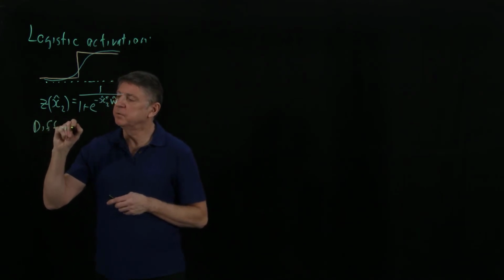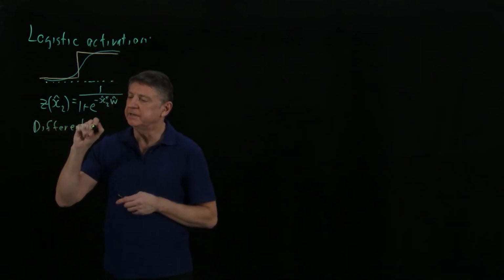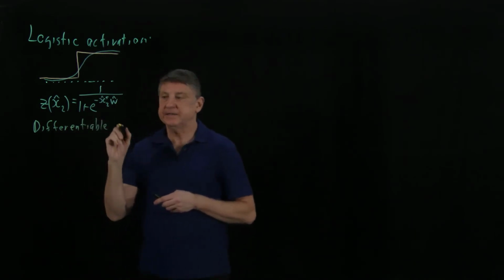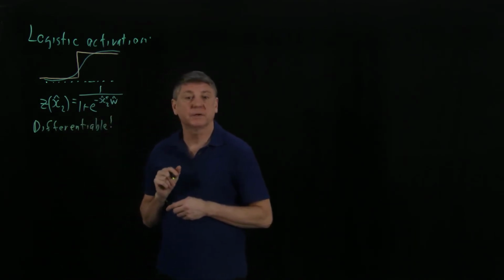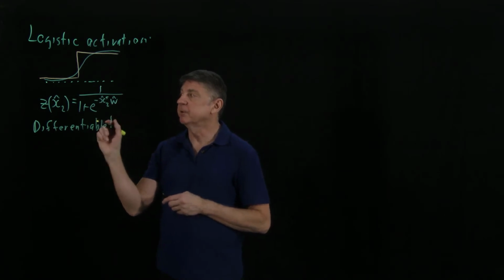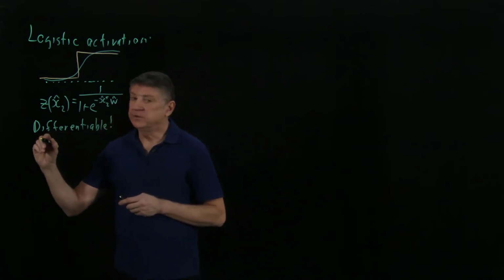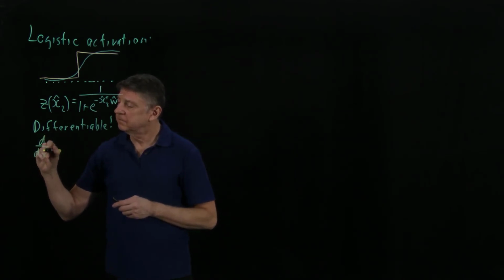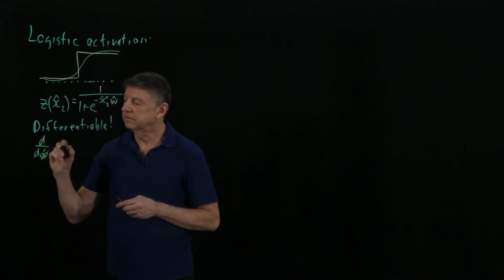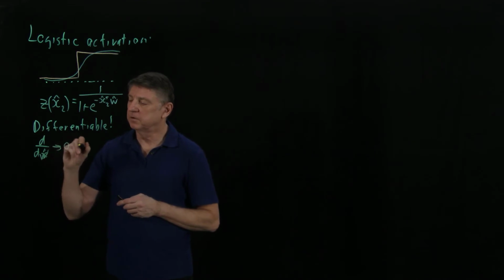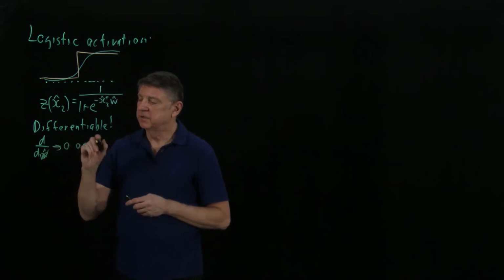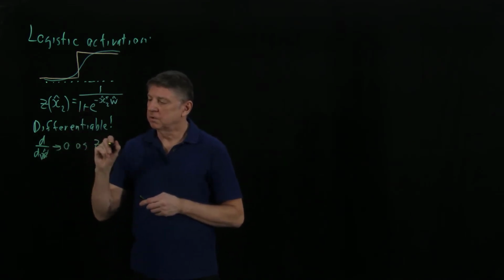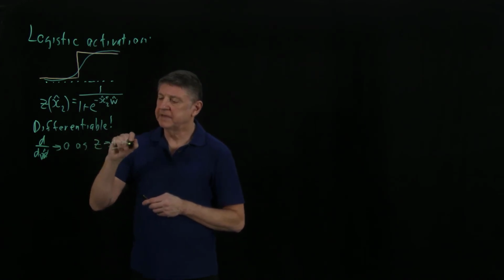And because we can differentiate it, that implies, let's put an exclamation point because that's important, it's differentiable, and then the derivatives approach 0 as the score approaches plus or minus infinity.